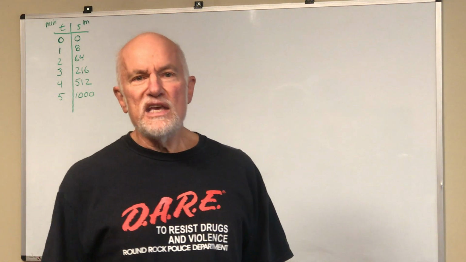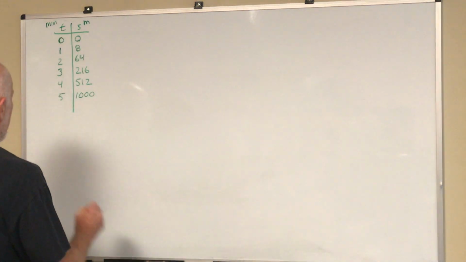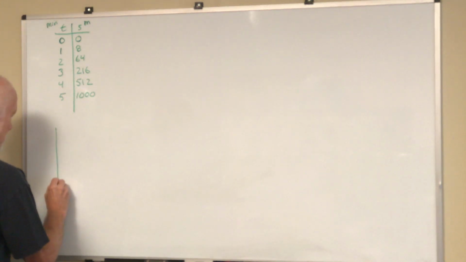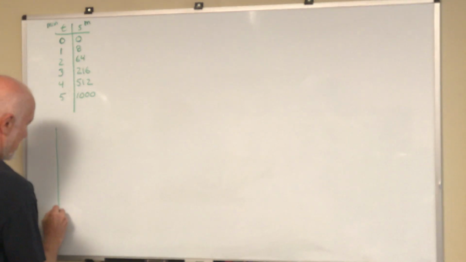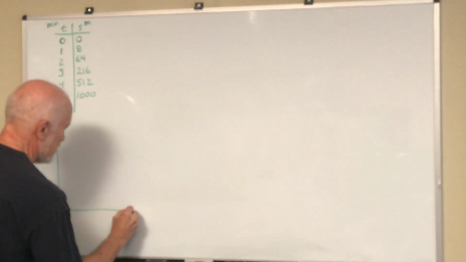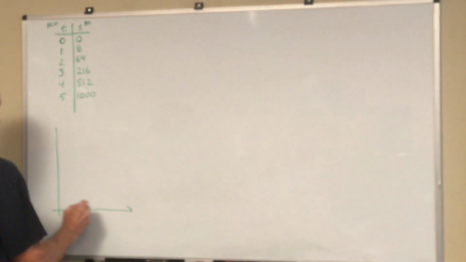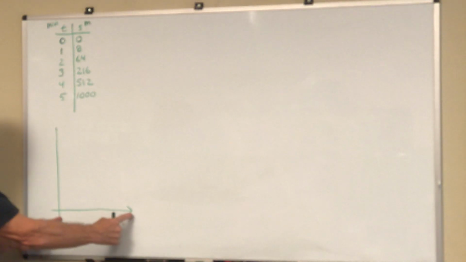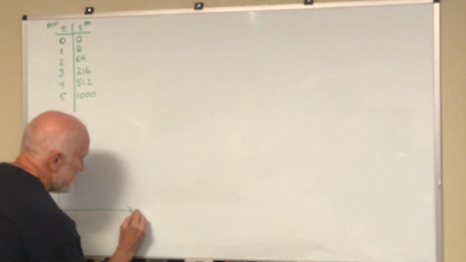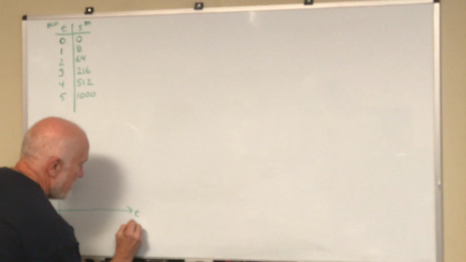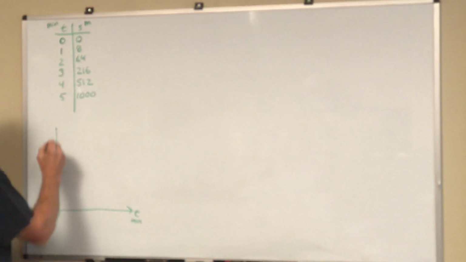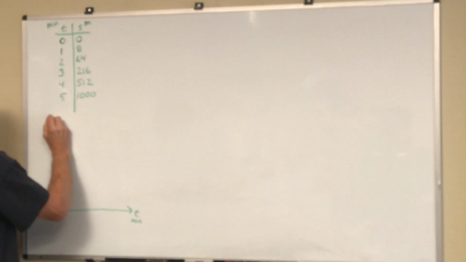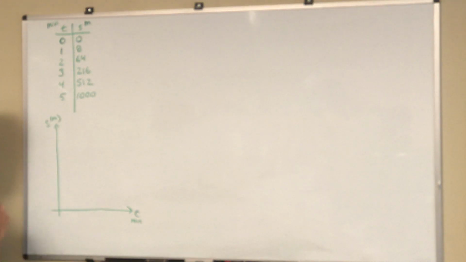So she took the pencil, and she said, I think we can display this better if we draw a picture. So she said, let this axis right here represent time in minutes, and let this axis represent the position in meters.